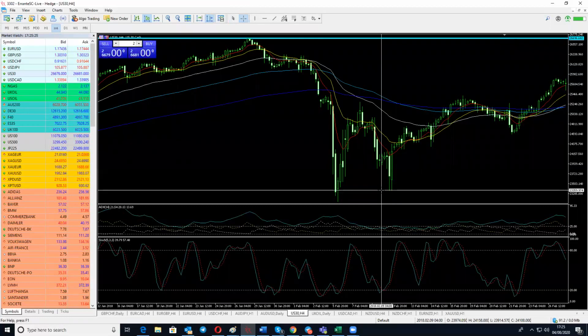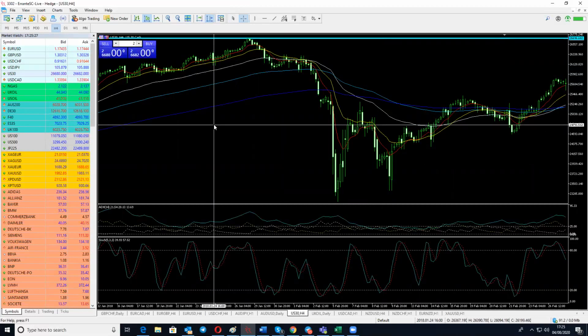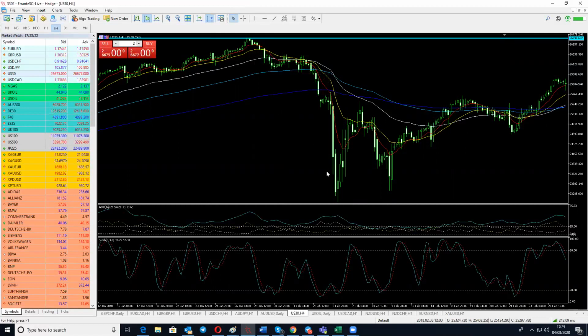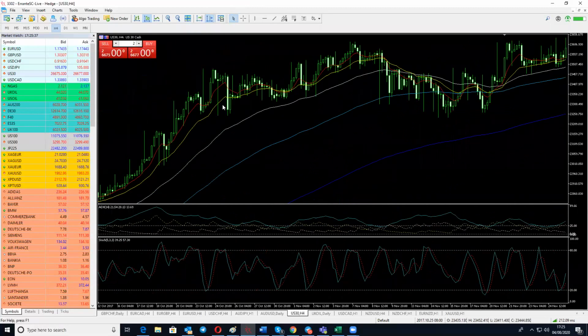It's quite a significant fall, and it was participated in by big sellers as well, especially at the end area of the fall.